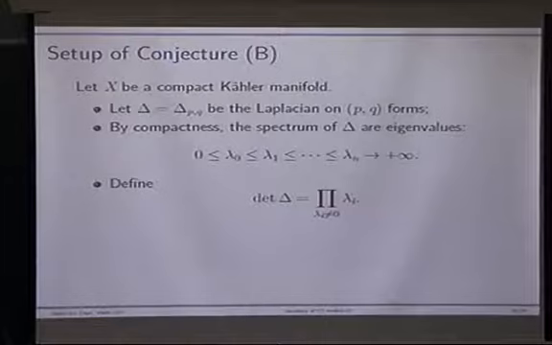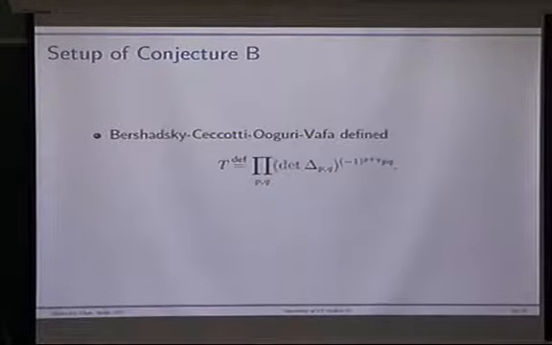Through theta function regularization, there's a way to define the determinant of the Laplacian even though naively the product is infinite. We are interested in the so-called BCOV torsion, which is defined to be some strange combination of the determinants of the Laplacian on (p,q)-forms.